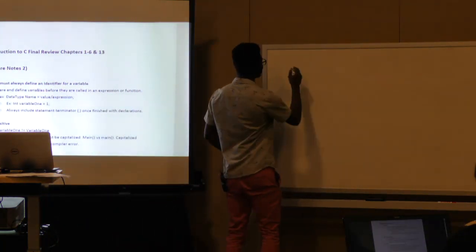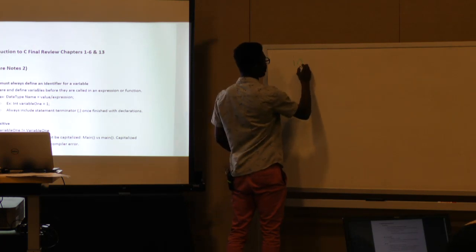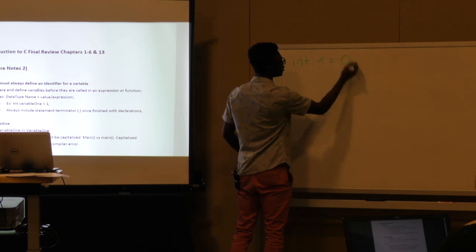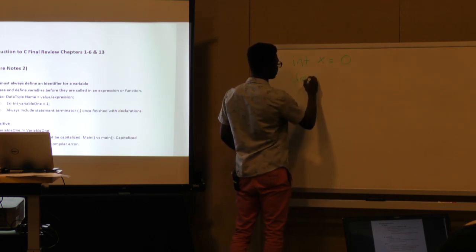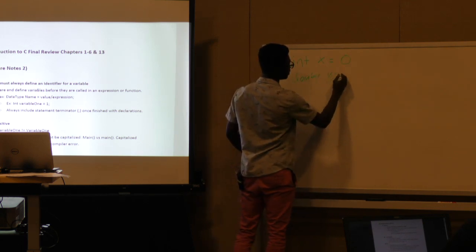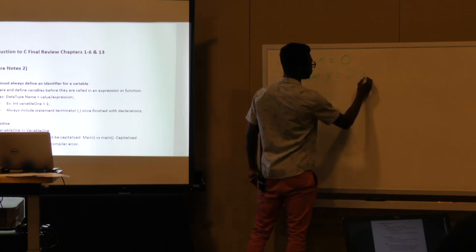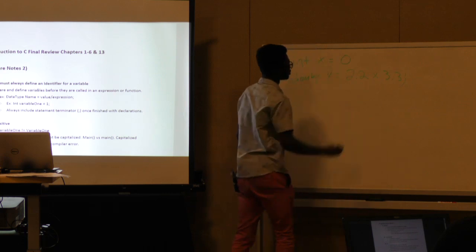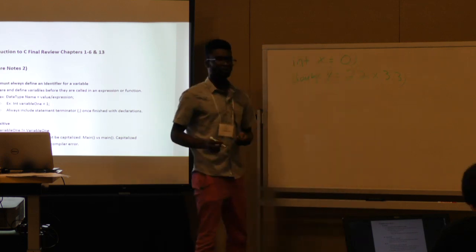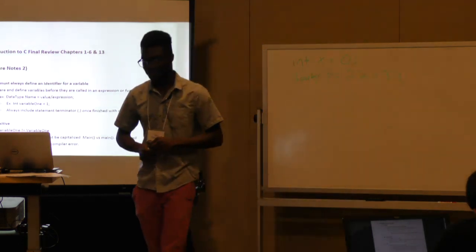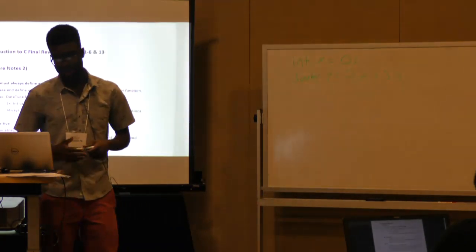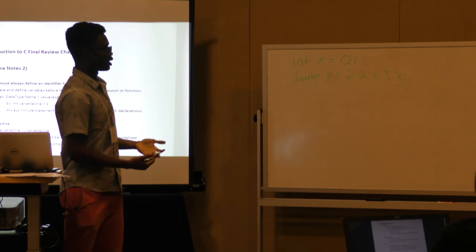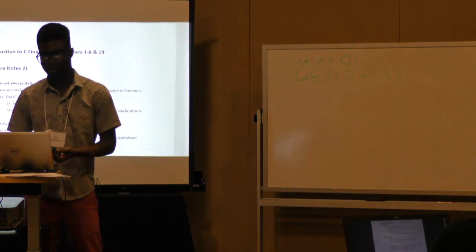That could be something like integer x equals 0, or it could look like double y is equal to 2.2 times 3.3. Both of these are valid variable declarations because they follow the format of a data type followed by a name followed by either a value or an expression.